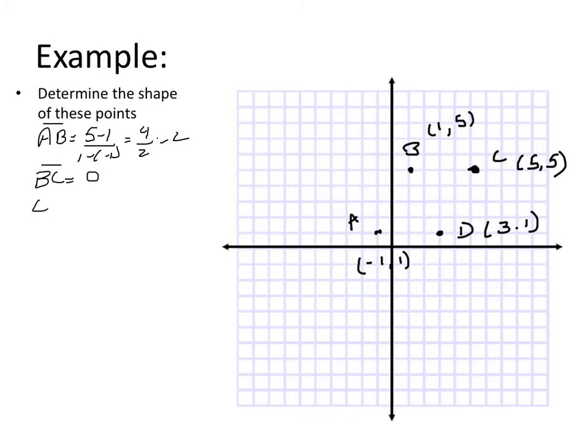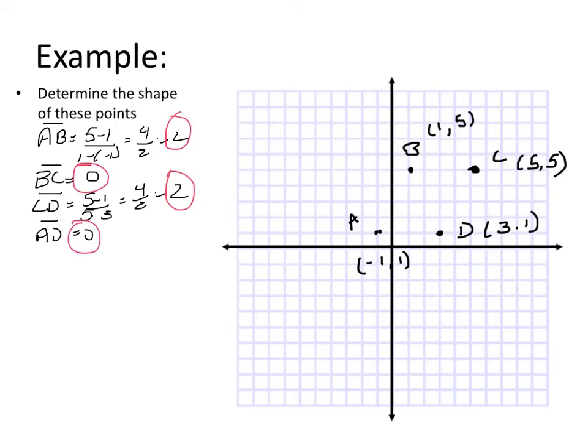The slope of the line CD is going to be 5 minus 1 over 5 minus 3, which is 4 over 2, which is 2. And the slope of AD is also 0. So what we see here is we have one set of sides that's parallel and another set of sides that's parallel. So we have a parallelogram.